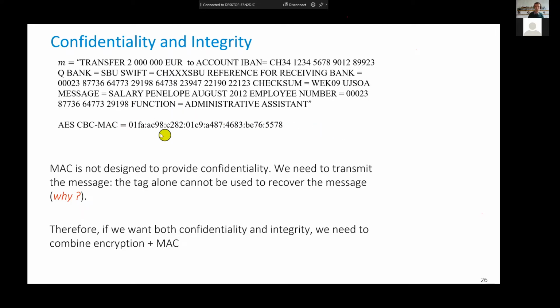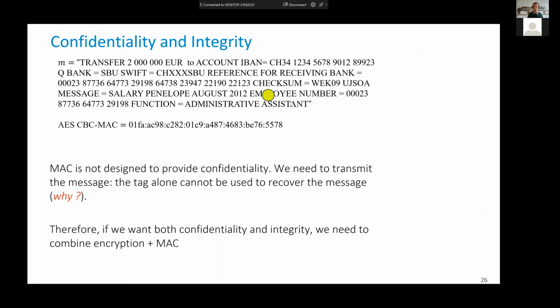So that's an example on the message I showed before. If instead of Homer's tag, I use the AES CBC MAC, this is the tag I will obtain here. So a long string of bytes, which has the size of an IPv6 address, except IPv6 addresses usually have lots of zeros. Here it has very few zeros.